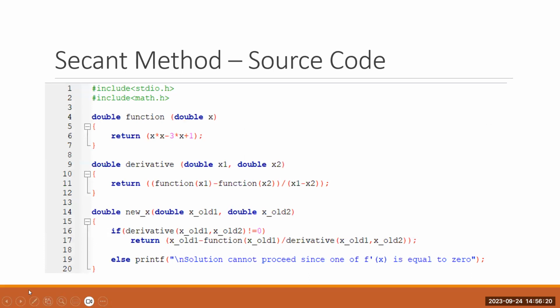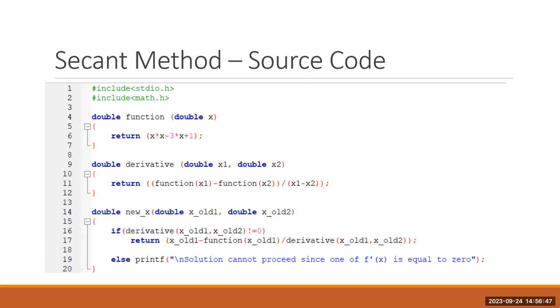So here is the source code of the secant method. The function, conveniently named function, defines the target function x squared minus 3x plus 1 in this case. We also have another function called derivative, which calculates a new approximation for the root using the two given points x1 and x2.